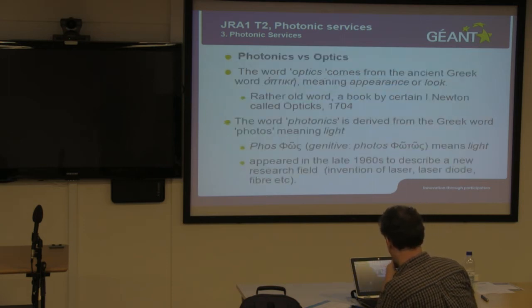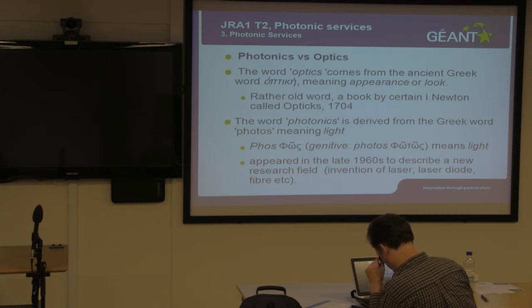I just couldn't resist talking about what is optics and what is photonics, because we're talking about optical networking, all-optical networking, photonic networking, and for some people it's not enough, so they talk about all-photonic networking. Basically, everything comes from ancient Greek words. Optica, meaning appearance or look. This is quite an old word, used even by Isaac Newton in his quite famous book.